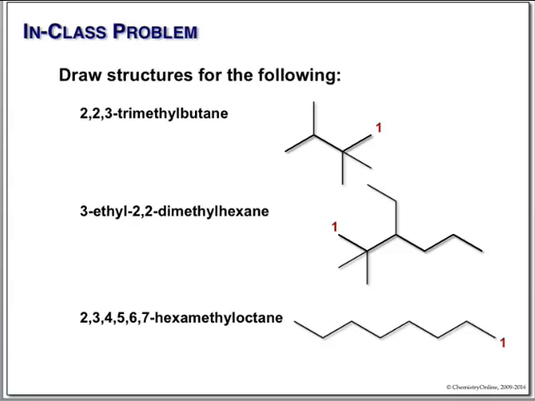So go to carbon 2, put a line. Carbon 3, line. Carbon 4, line. 5, 6, and 7. Each of those are methyl groups. And when you're done, you should have that. 2,3,4,5,6,7 hexamethyl octane.